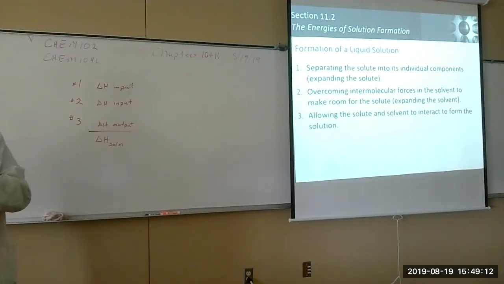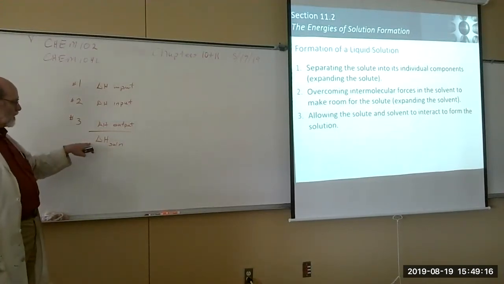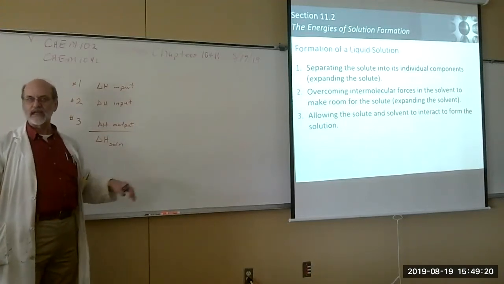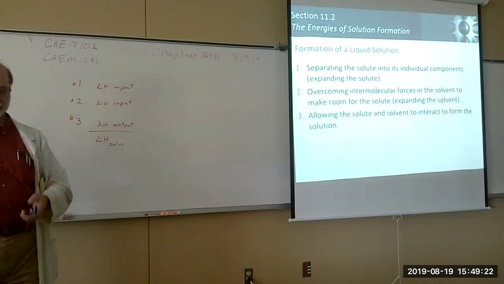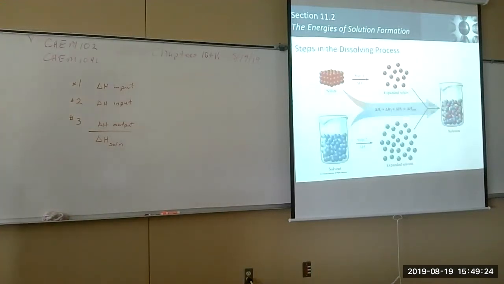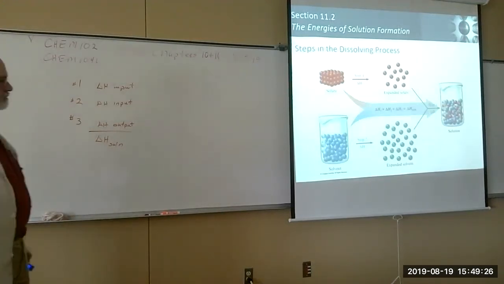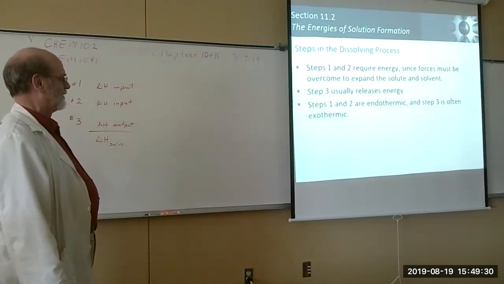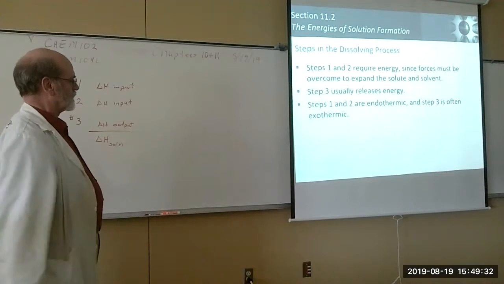Exothermic is negative, endothermic is positive. So in the first case, you get a positive delta H. In the second case, you get a negative delta H, because negative is exothermic. Let's see. That just says what I already said.